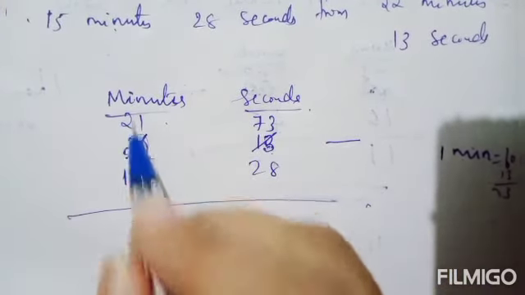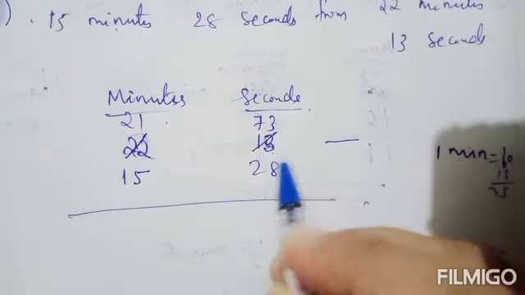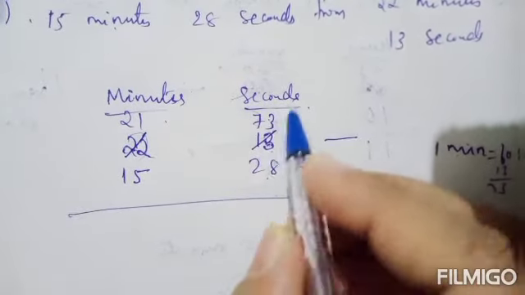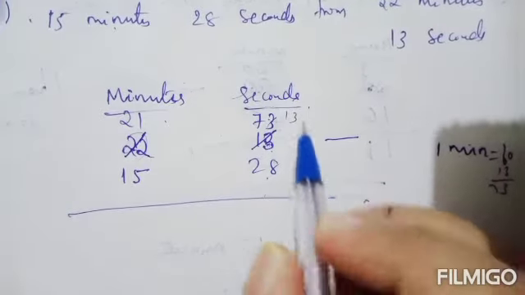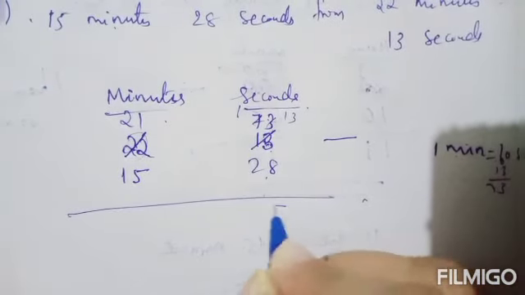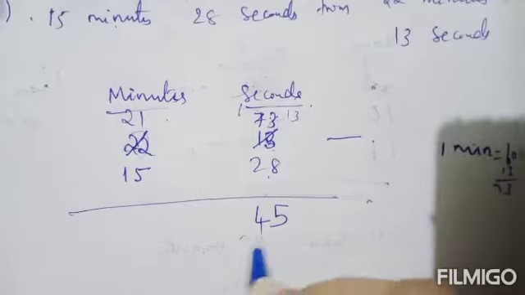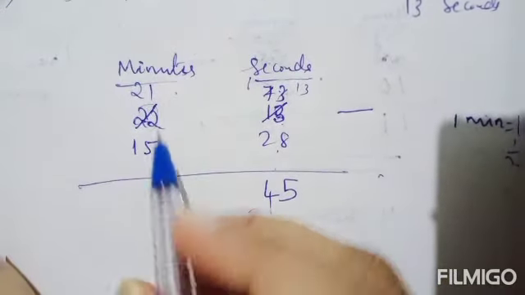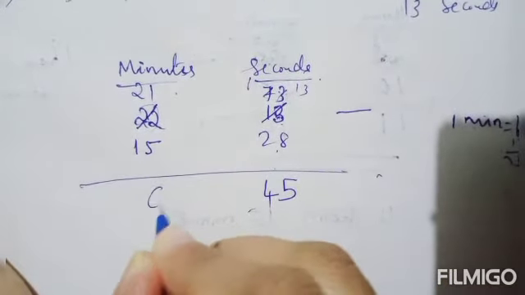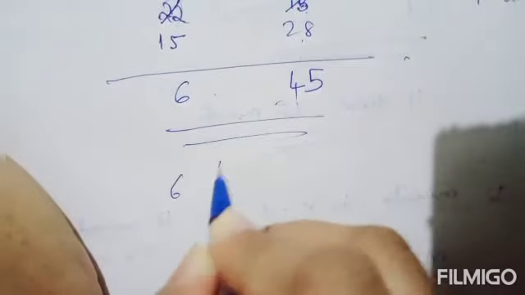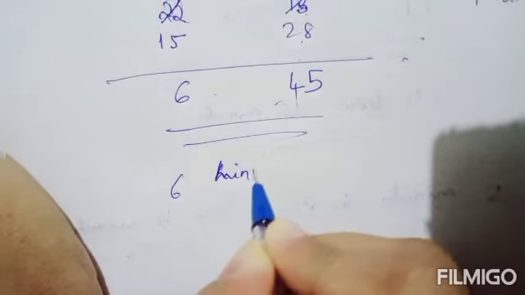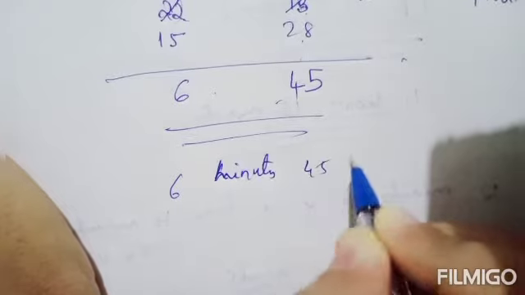Now you can do the subtraction. 73 minus 28: 3 minus 8, borrow, it will be 13 minus 8, 5. 6 minus 2, 4. 45 seconds. Now here 21 minus 15, you will get 6. So the answer is 6 minutes 45 seconds.